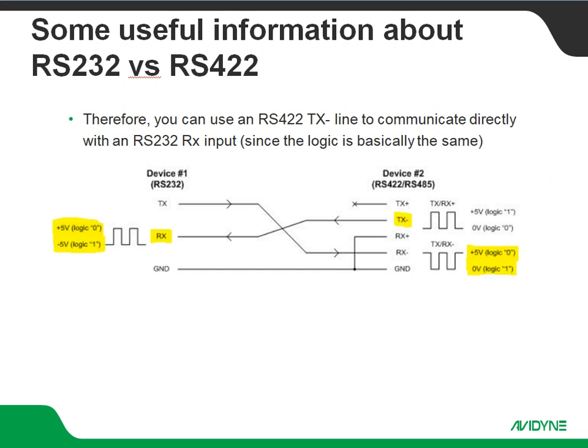So what we can do is take just the negative line, which sees positive 5 volts as logic 0, same as RS-232, and it sees 0 volts as a logic 1, whereas RS-232 is looking for negative 5 volts for a logic 1. But again, that transition only happens at about 1.5 volts, so 0 volts is still going to be seen as a logic 1 to an RS-232 circuit.